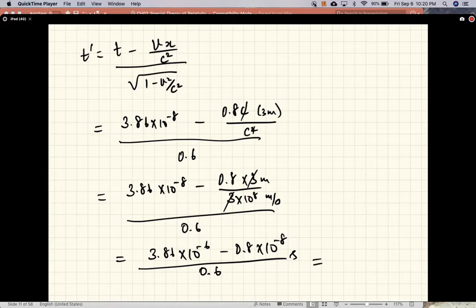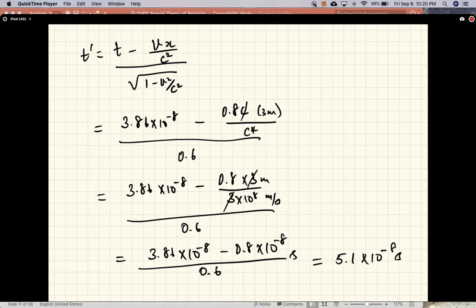And this is equal to 3.06, oops, that's a minus 8. This is 5.1 times 10 to the minus 8 seconds.